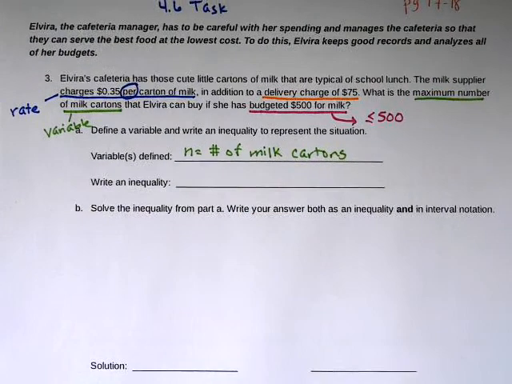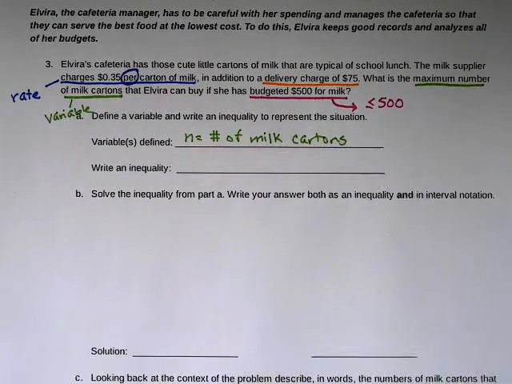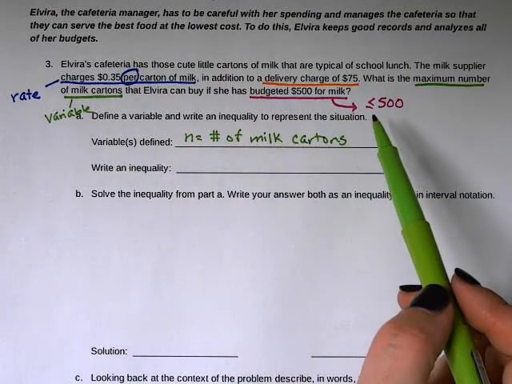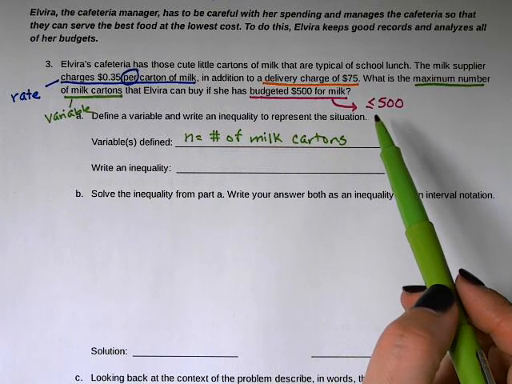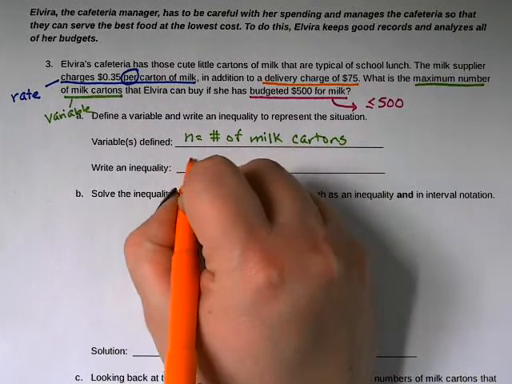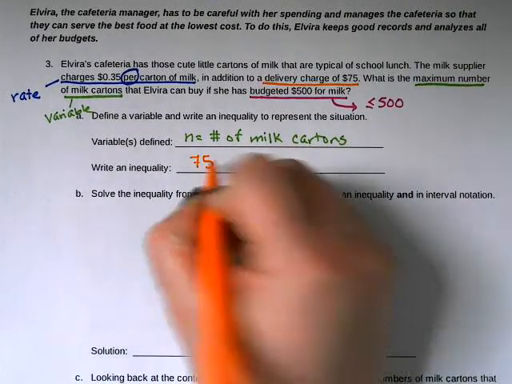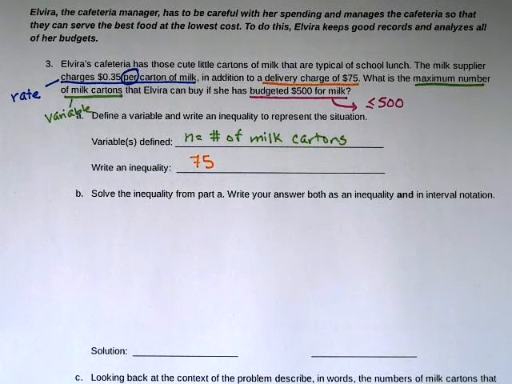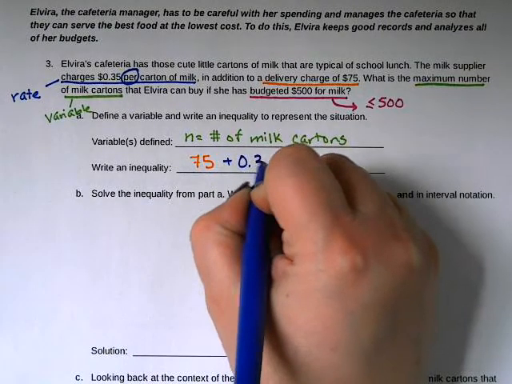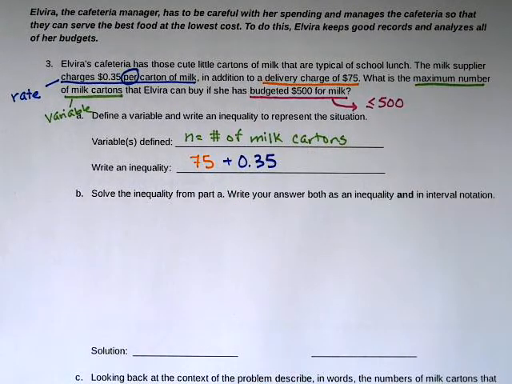And now we need to write an inequality. So we said it has something to do with the amount of money she spends being less than or equal to $500. She has to spend $75 for the delivery fee. She also has to spend 35 cents, so we're going to add 35 cents per milk carton.